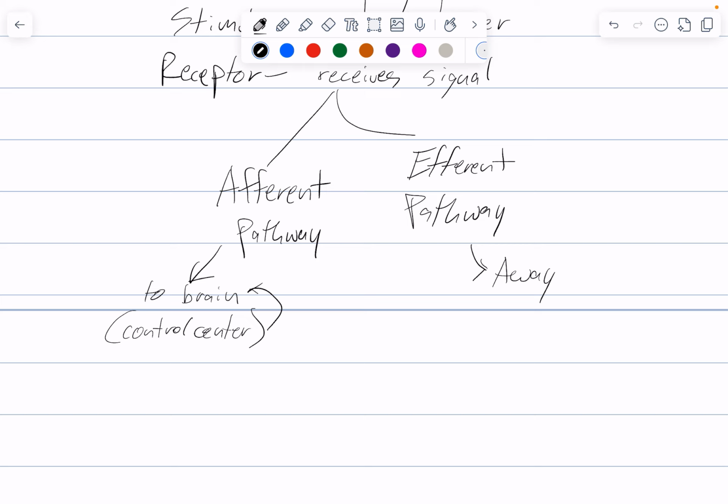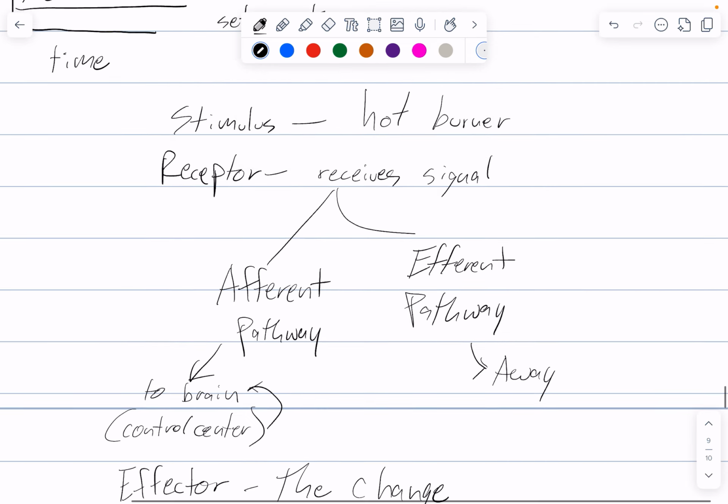Then you have what's called an effector. So this is the actual change. So that's the action of moving your hand away from that hot burner.